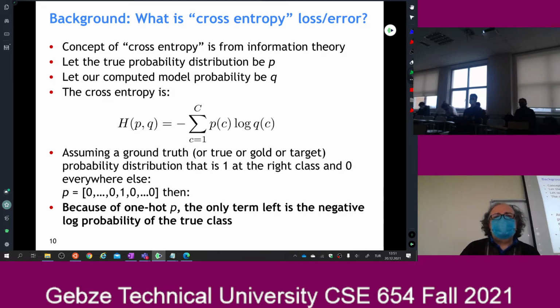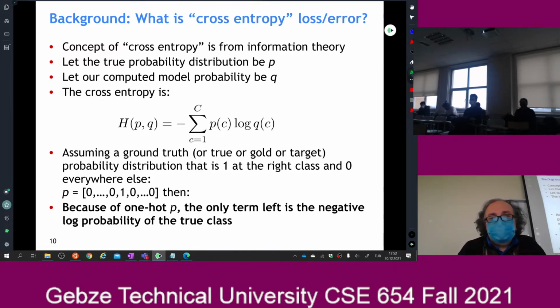It says that you have a true probability, somehow you know it, and you have a computed model probability. So you know the probability of that car being sold in a week, somehow, and this Q is the probability that you are going to assign to it.